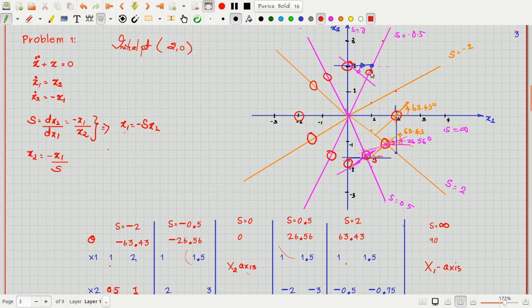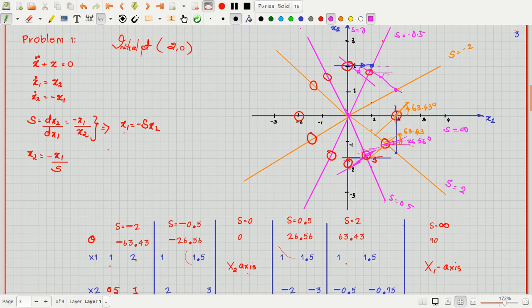Similarly, I should go forward again. From here I have to leave parallel to this line, something like this. I should move parallel, because I have to move at minus 26.56 degrees, which will definitely be parallel to this line.